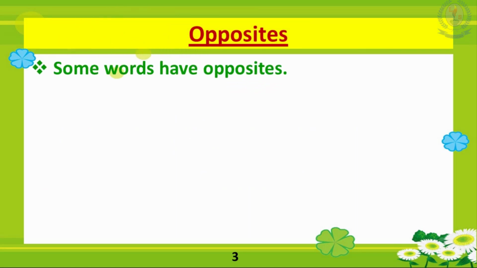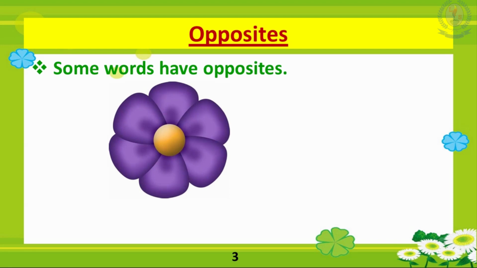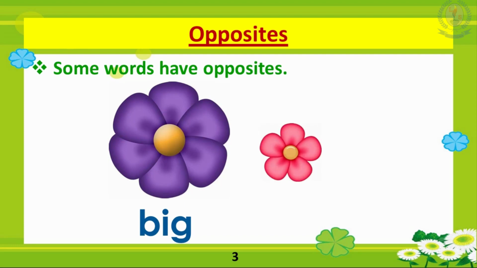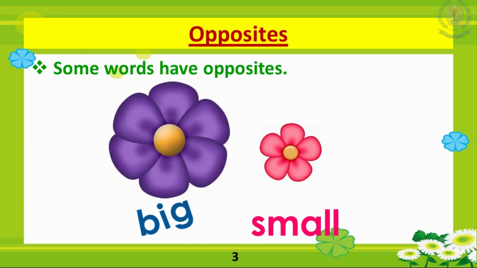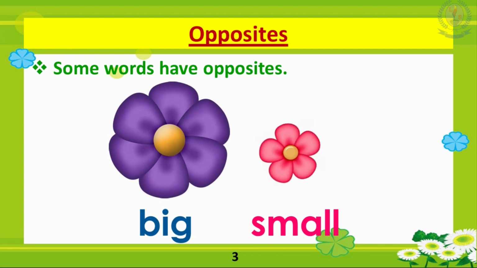Opposites. Some words have opposites. Look at this flower. This is a big flower. And this is a small flower. Big. Small.